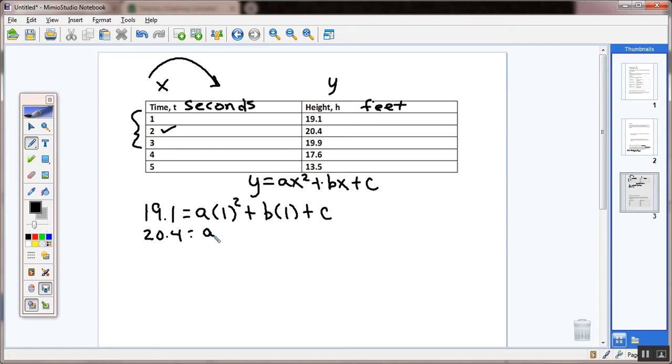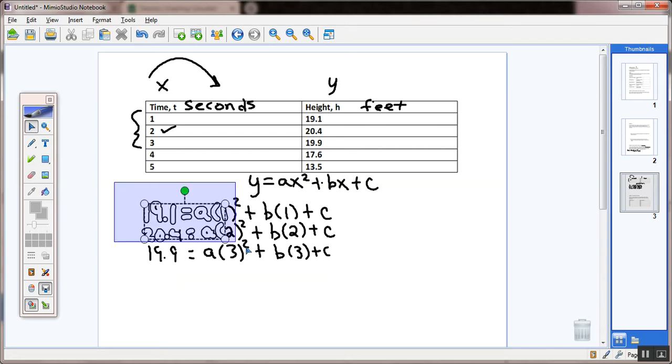So we're going to have a times 2 squared plus b times 2 plus c. Awesome. What's the third one going to look like if I use 3 comma 19.9, kiddos? 19.9 equals a times 3 squared plus b times 3 plus c.